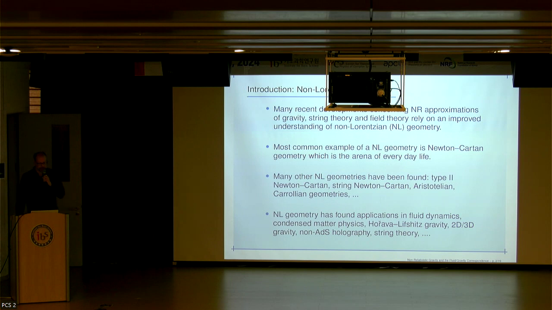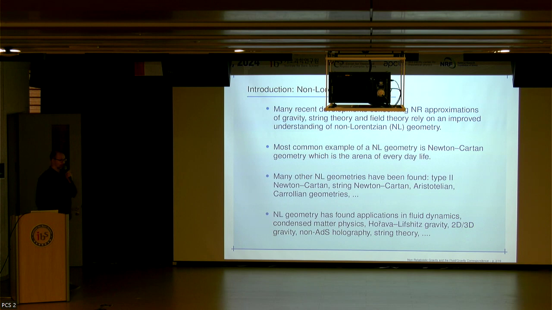They find applications in hydro, condensed matter physics, and other theories of gravity like Horava-Lifshitz gravity, which can be viewed in a diffeomorphism covariant way if you use Aristotelian geometry. There are various BF theories and Chern-Simons theories of gravity that use these geometric notions.